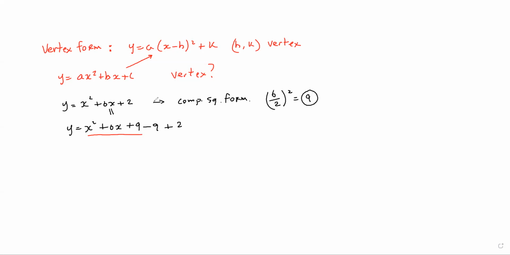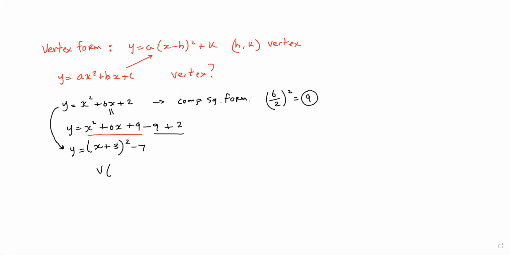So I will go y equals (x plus 3), which is the sign, and the square root of 9 is 3, all squared, and minus 9 plus 2 is minus 7. So now this general form became the completed square form. When you do that, now we can see our vertex.